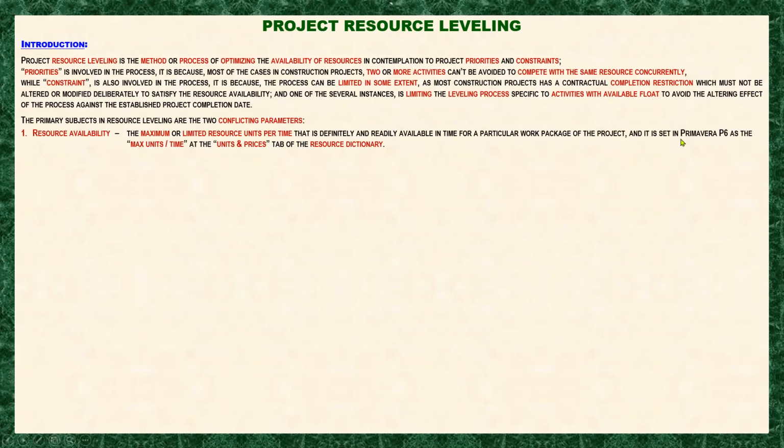It is set in Primavera P6 as the maximum units per time at the units and prices tab of the resource dictionary. So this resource availability is the assurance that you have those resources when the activity is executed, meaning there is no more issue, no more conflict.